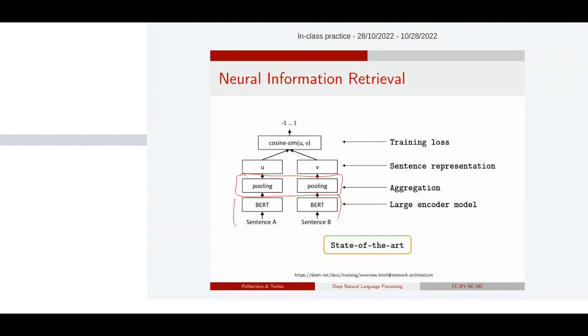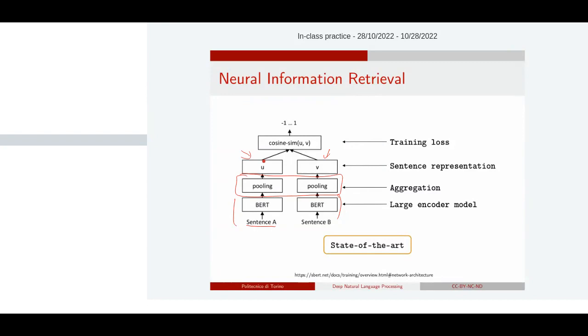So we take all these token representations. We can do a pooling stage where we can do different things. We can take a specific token, that is the CLS token, or we can do average pooling to have the average of all the tokens. And so we have a vector representation for each sentence that we have in the input.